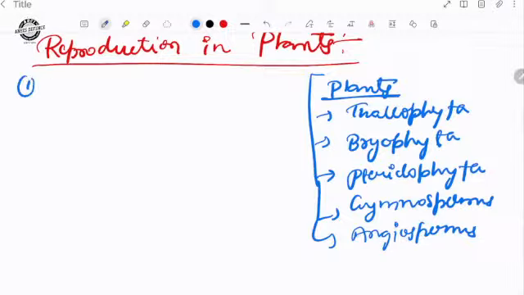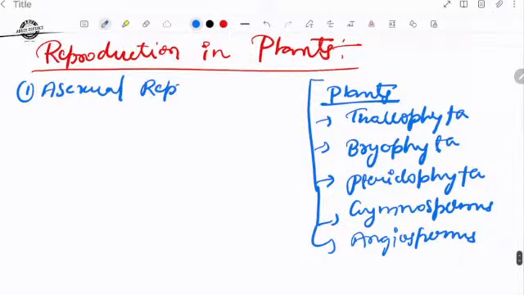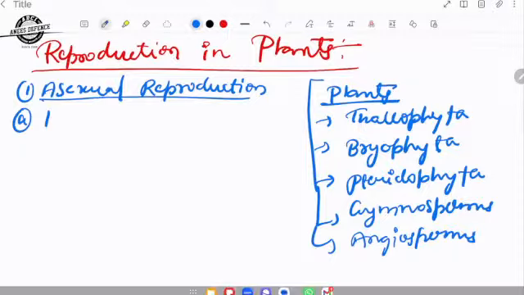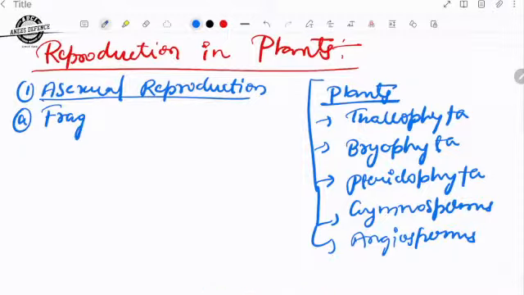Asexual reproduction. First, we are going to study asexual reproduction in plants. Asexual reproduction is also classified into a number of ways, such as fragmentation. But first, we should know what asexual reproduction is, before we start its types. Asexual reproduction means it does not involve the fusion of two compatible gametes or sex cells.